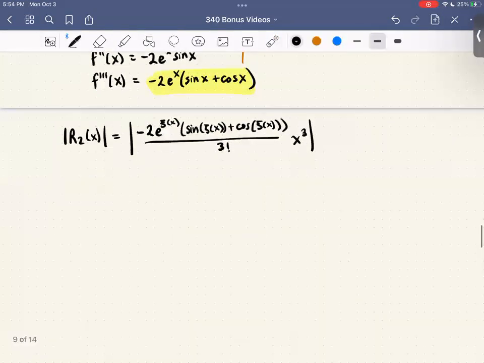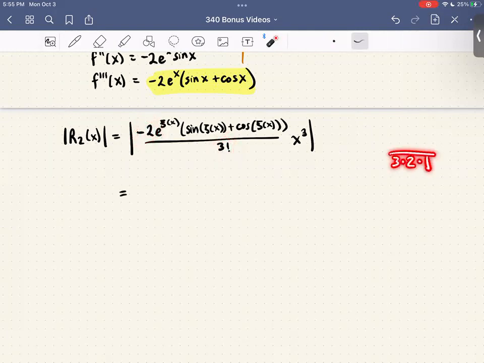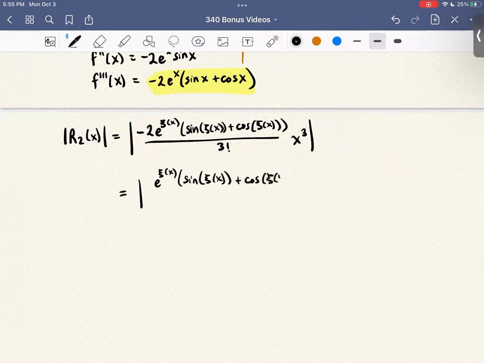All right, in absolute value, this negative doesn't really do much. So I could drop the negative, and then 2 divided by 3 factorial. 3 factorial is 3 times 2 times 1. So the 2's cancel, and I get 1/3. So really, I've got e to the c of x times sine c of x plus cosine c of x all over 3 times x cubed.